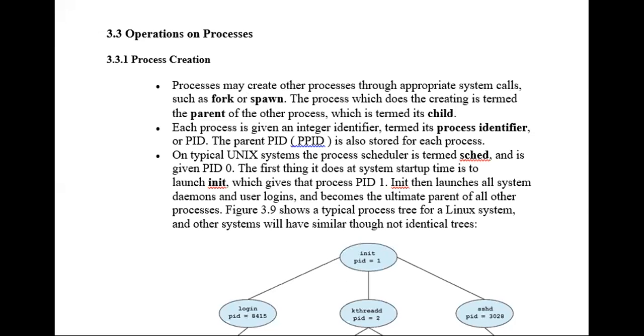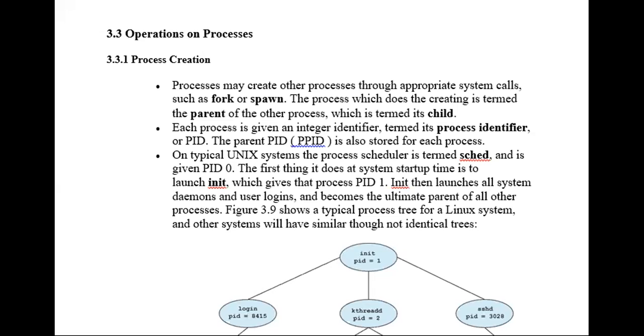Here, a process may create any number of sub-processes depending upon its requirement. Process creation is done with the help of two system calls called fork or spawn. These are the two different system calls used for process creation.